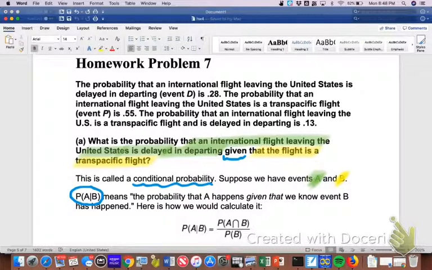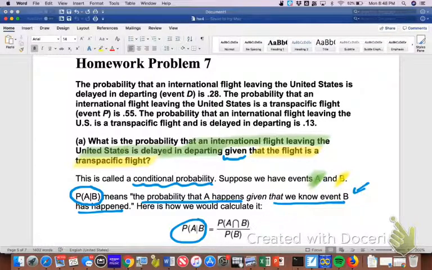In words, it means the probability that A happens given that we know B has happened. We know for sure B happened: B is definitely a trans-Pacific flight. So given that information, what is the probability that that trans-Pacific flight is also a United States flight that is delayed? And we use the formula that I have right down here to calculate that.